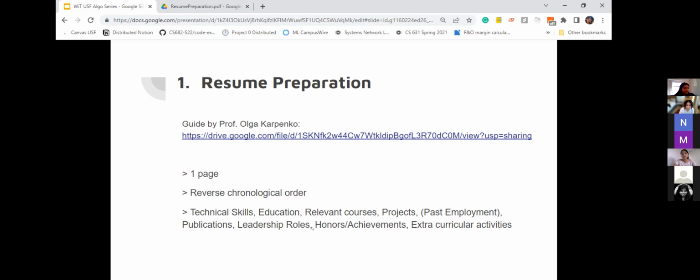So that comes under a leadership role or community involvement. There are a lot of things. So just sit on yourself and think about what makes me unique, or what are the things that I have done, and put it down together, and I think you'll come up with one page.